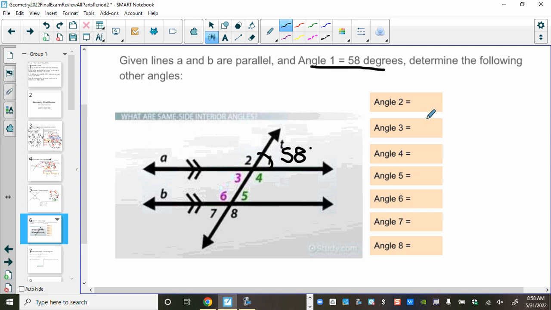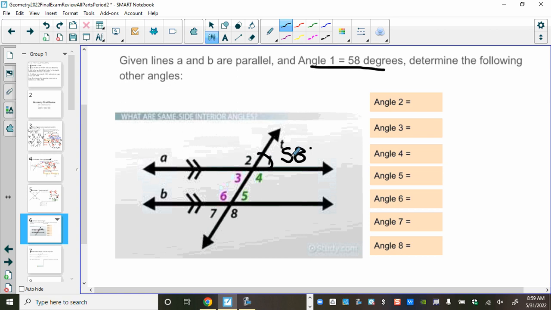What's the sum of those 2 angles? What must the sum of the 2 angles be if they form a straight line? We just did it maybe a couple problems ago. 180. So then, if this angle is 58, how do we get this other angle?